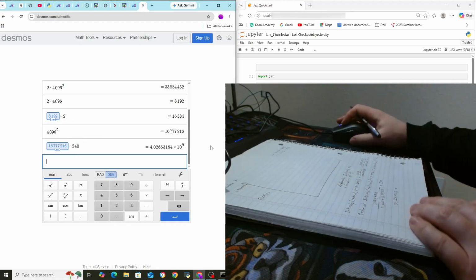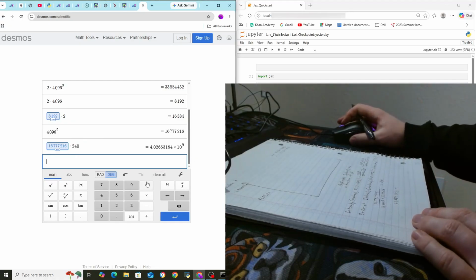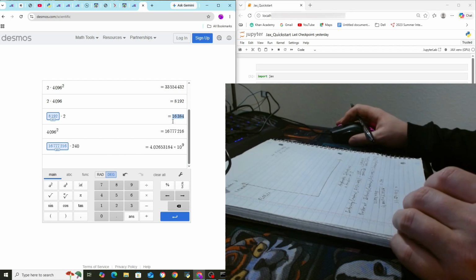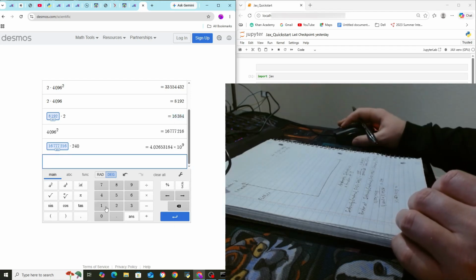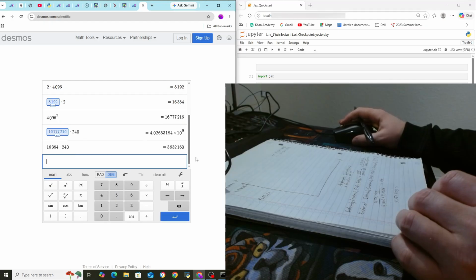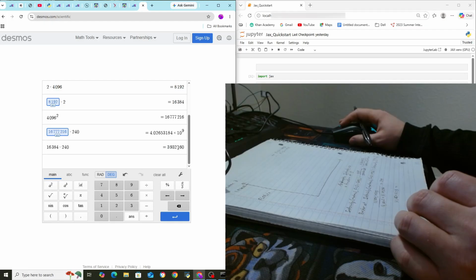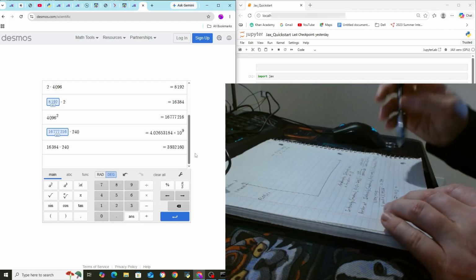Equals, just for the sake of order, 16,384 times 240 equals that. We should probably also put this in scientific notation too. Let's say that's approximately 4e6.